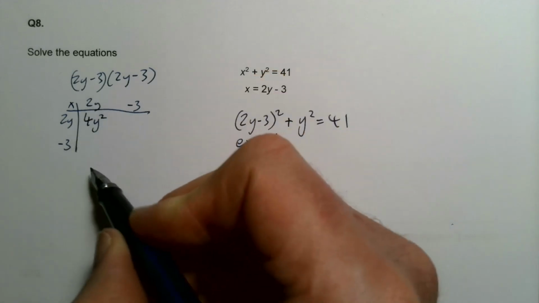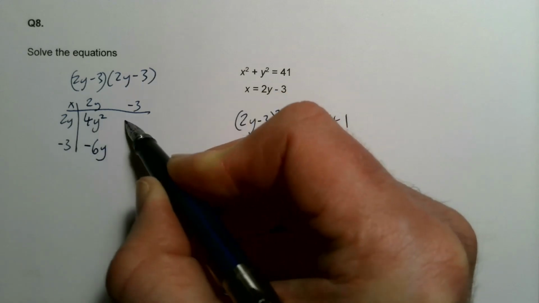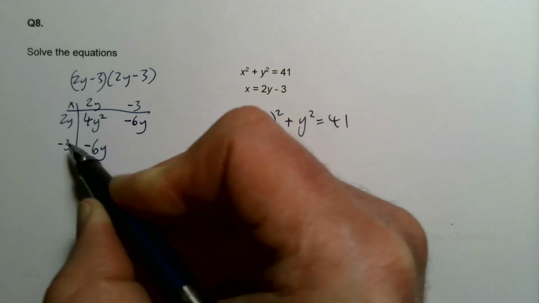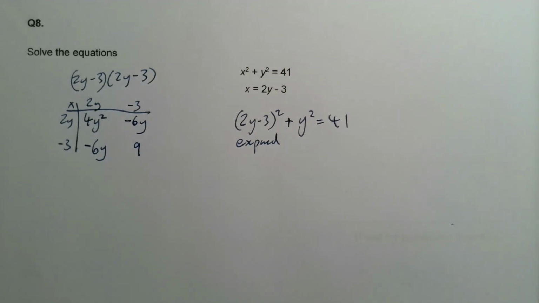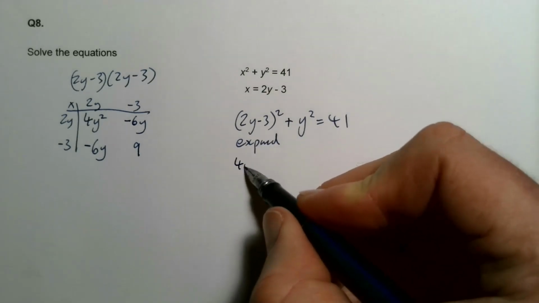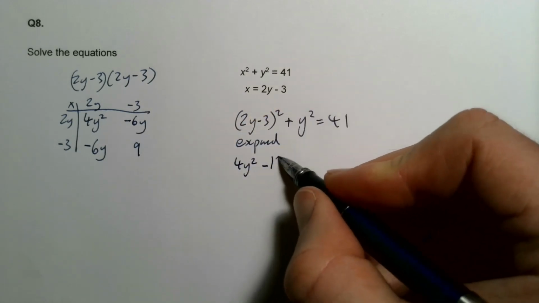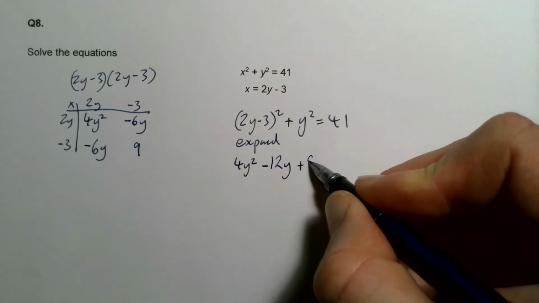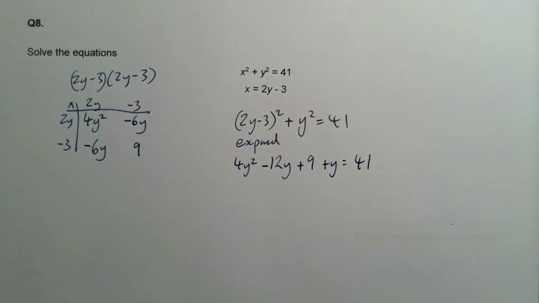Negative 3 times 2y is negative 6y. Negative 3 times 2y is negative 6y. And negative times negative is positive, so we get 9 there. So what's that give us? It gives us 4y squared, negative 6 plus negative 6 is negative 12y, plus 9. Then we've got our y squared from there before, and that equals 41.